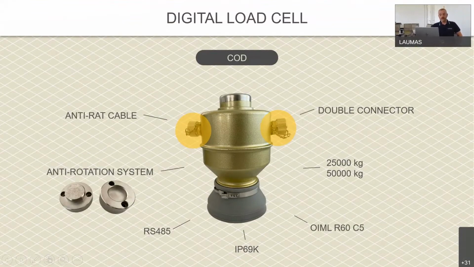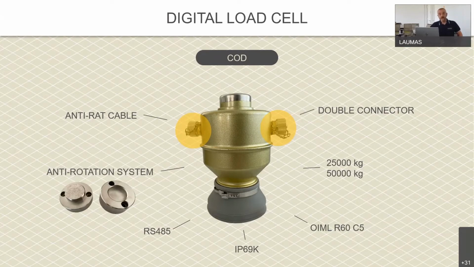So this kind of load cell is OIML approved in class C5, so up to 5,000 divisions. The protection class is IP69K, and the capacities available are 25 and 50 tons. As I told you before, the connection to the indicator is via RS485.